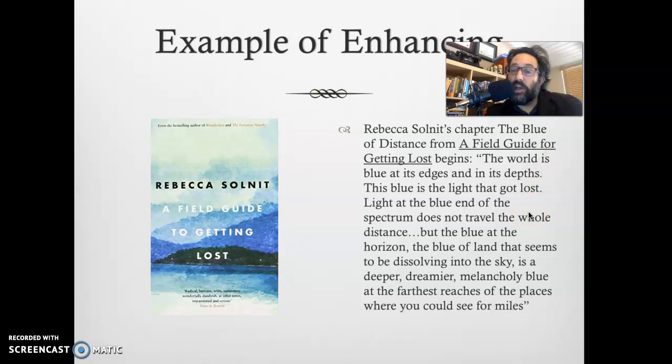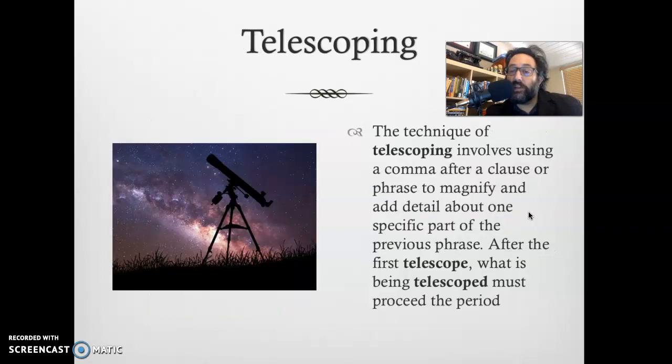The light at the blue end of the spectrum does not travel the whole distance, but the blue at the horizon, the blue of land that seems to be dissolving into the sky, is a deeper, dreamier, melancholy blue at the farthest reaches of the places where you could see for miles. So that's a different approach at enhancing.